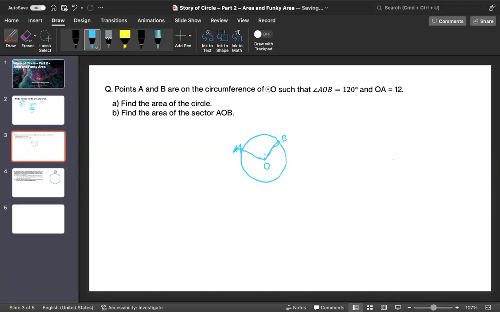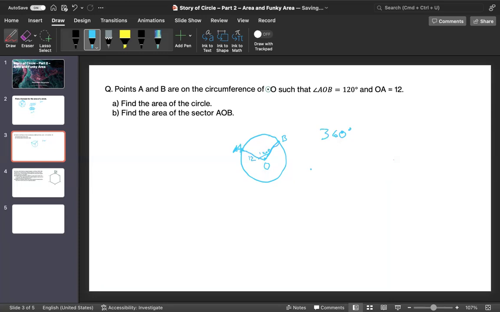We know that this is 120 degrees, and hopefully all of you know that the total degrees of a circle is 360 degrees. And we know that OA is 12, so notice how OA is the radius.